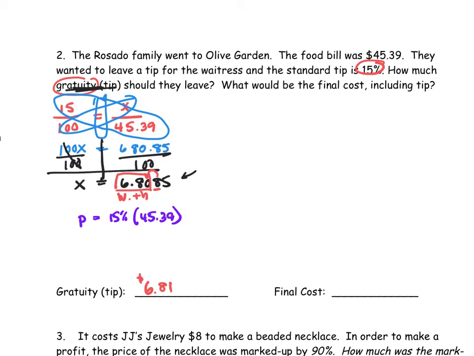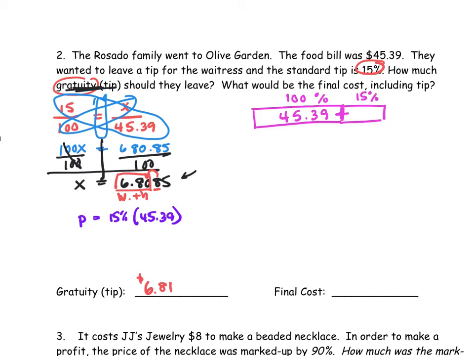So now let's go ahead and try the final cost using a tape diagram, just so you're familiar with that method. I'm going to build this tape diagram, and this is the total cost. It's also representing 100%. And the total, excuse me, not the final cost, but the total cost of the bill is $45.39. And to that, we're going to add 15%.